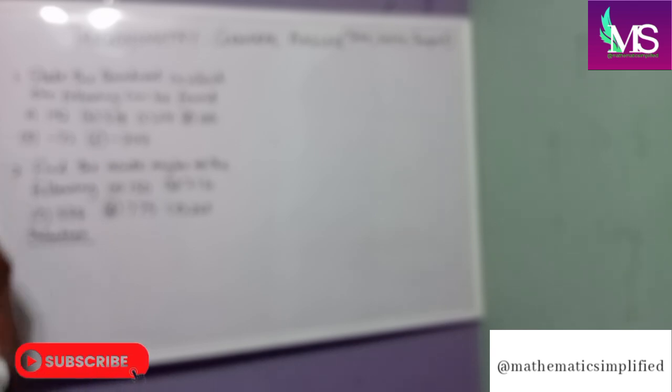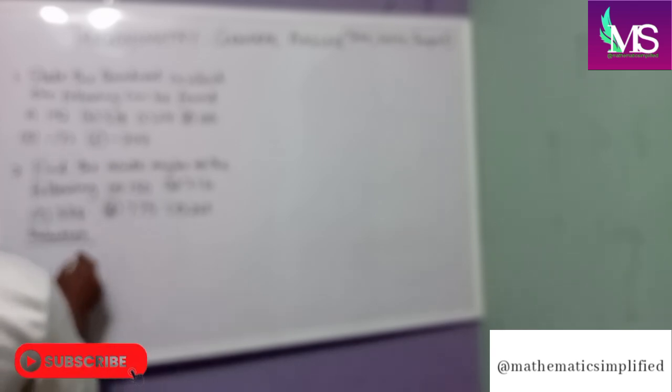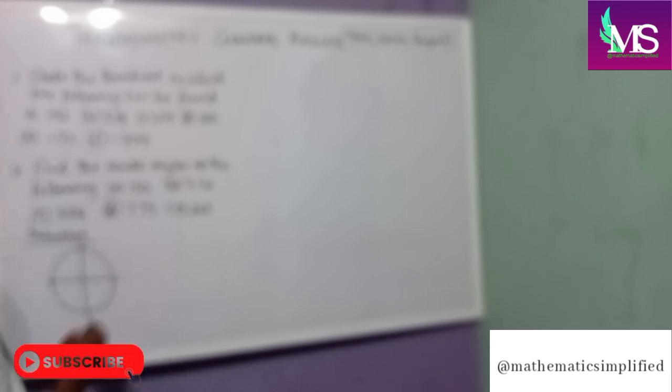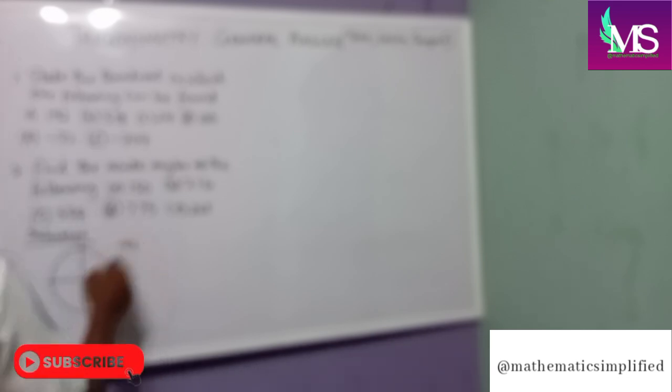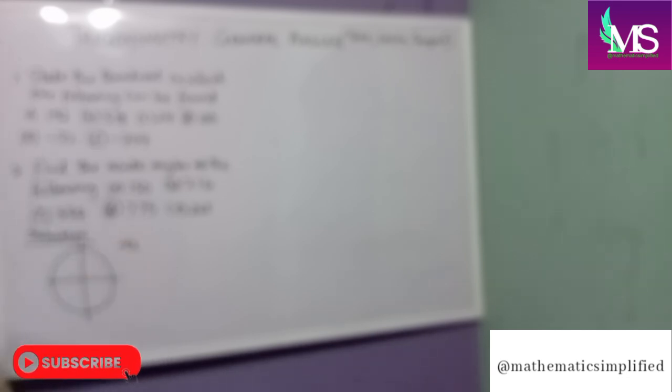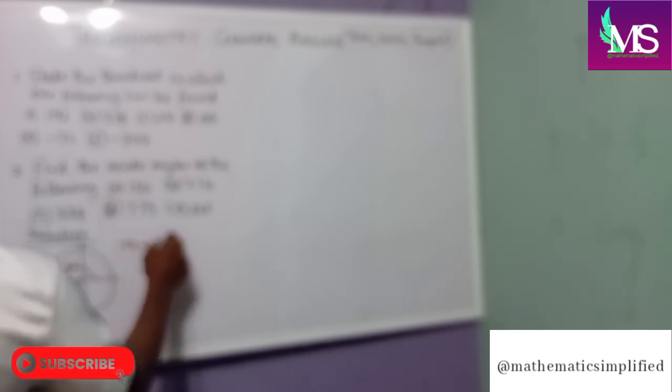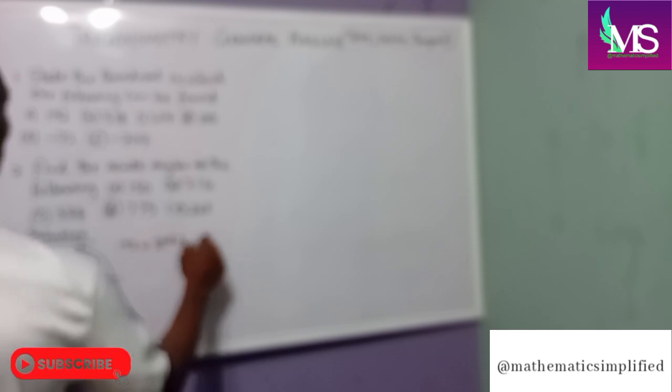Now, 192 is greater than 180, so it will be found in the third quadrant.